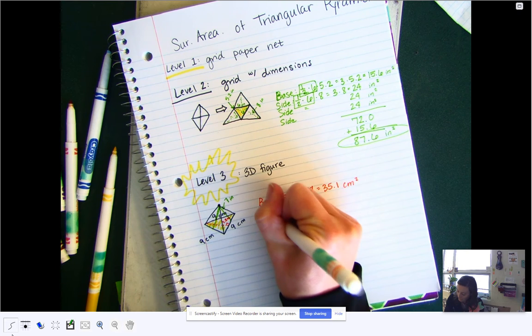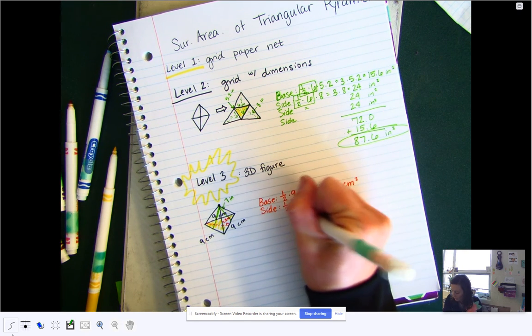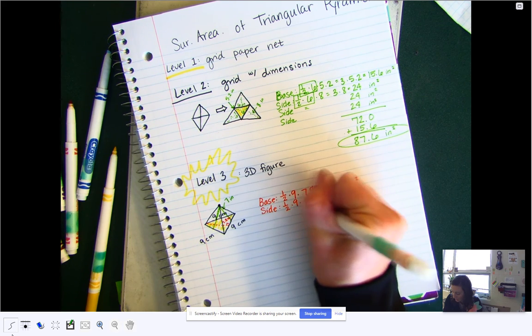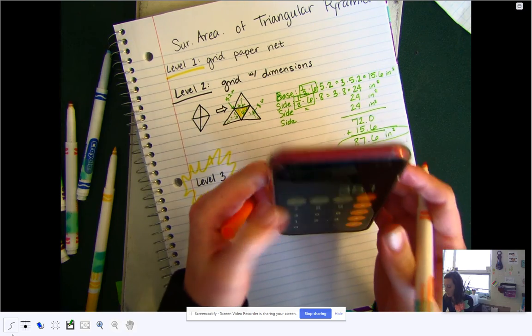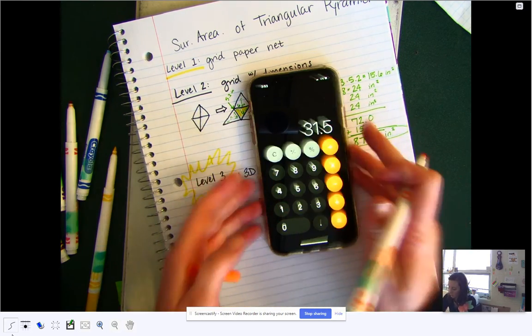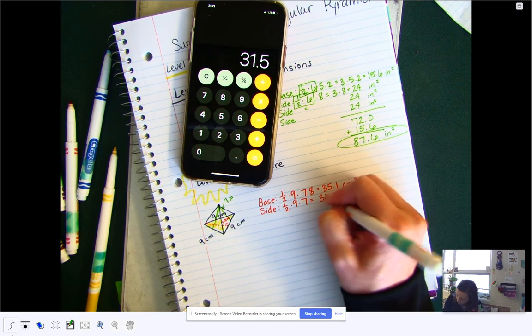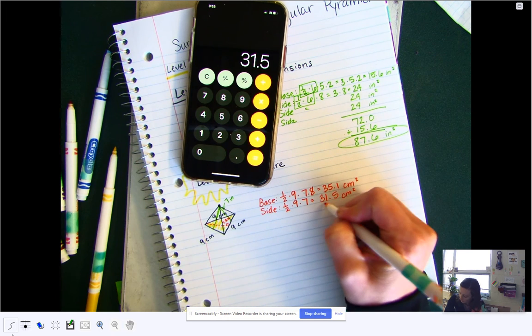And I have to do a side, and the good news is all the sides will be the same. 1/2 times base of 9 times height of 7 equals, well, I know 9 times 7 is 63, divided by 2 is 31.5. Interesting how they have the same numbers just mixed around. And I have 1, 2, 3 sides like that.